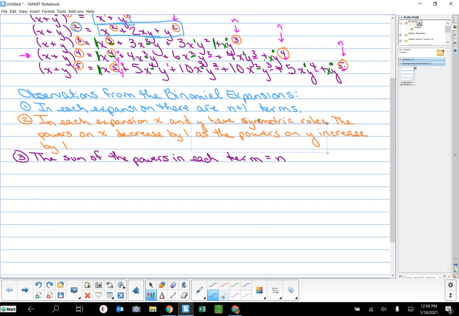And lastly, number 4, the coefficients increase and decrease in a symmetric pattern.